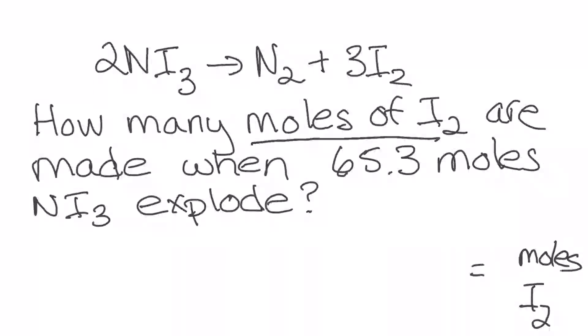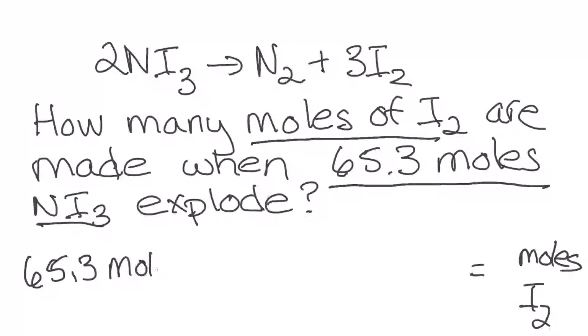And the other side, I'm going to start with what I was given, which is 65.3 moles of nitrogen triiodide. So 65.3 moles. And don't forget to put moles of what? Because we have moles of iodine and moles of nitrogen triiodide.